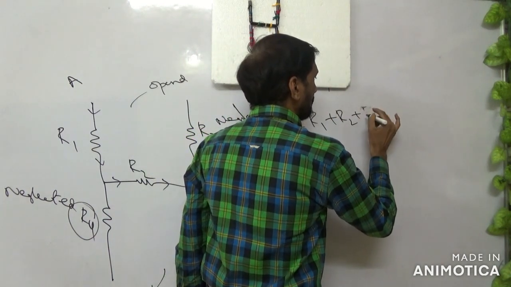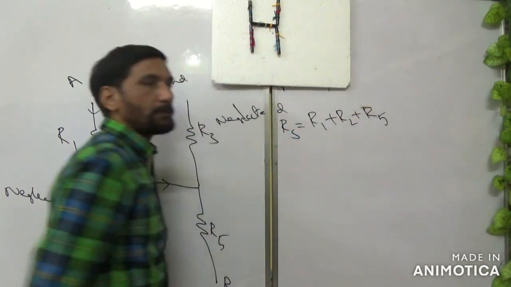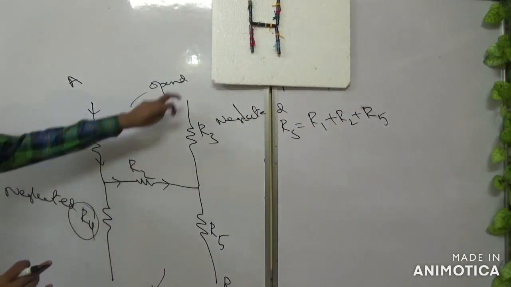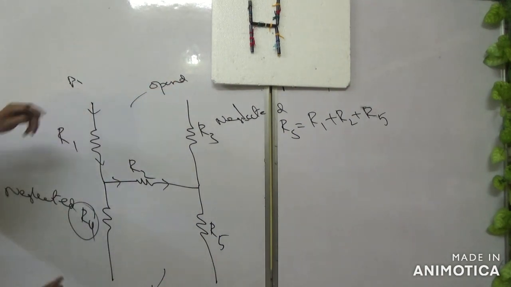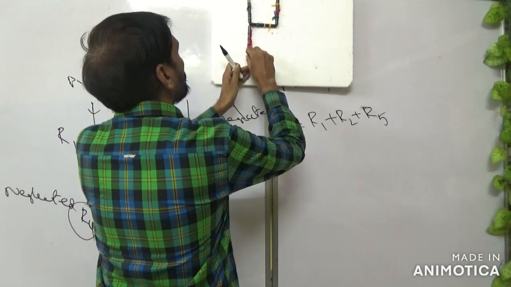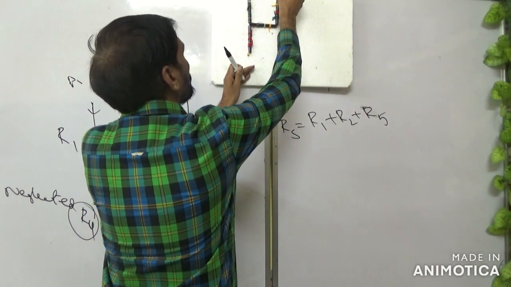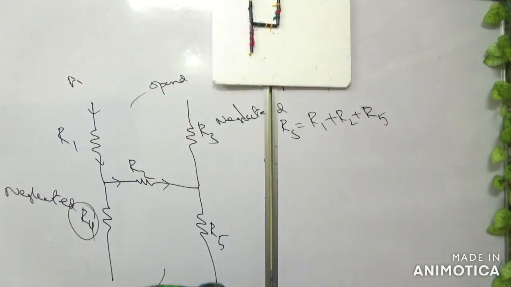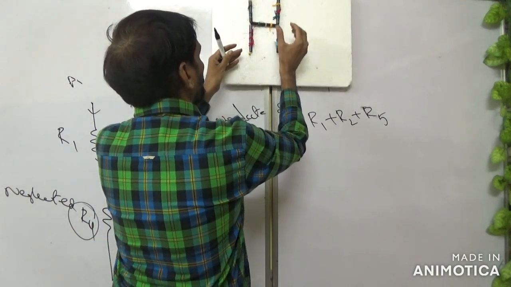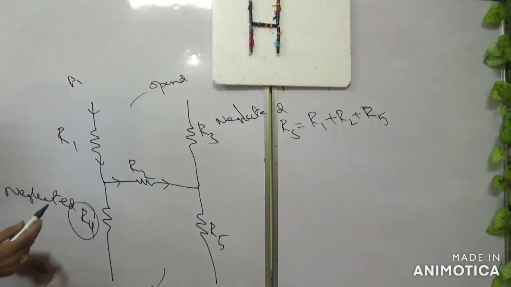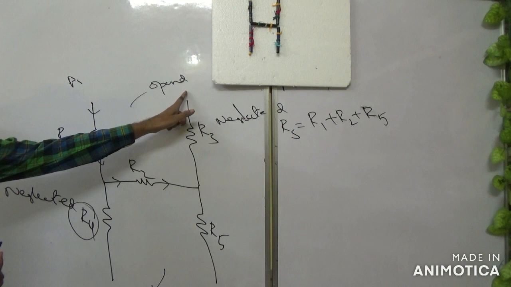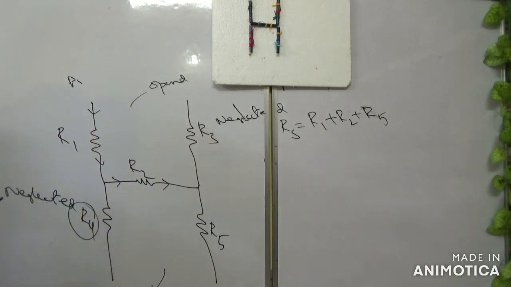Okay. Suppose you want to find resistance between these two ends instead of AB. Okay, so now current flows through this only, the other two are neglected.